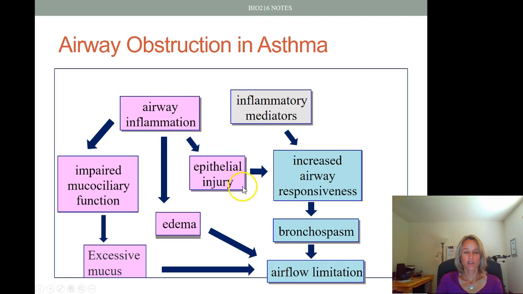Airway inflammation also causes epithelial injury, and this is going to make the airways more responsive. Inflammatory mediators are also going to make the airways more responsive. So this can cause bronchospasm, and that will limit the airflow. So bronchospasm, edema, and mucus is going to lead to airway limitation.